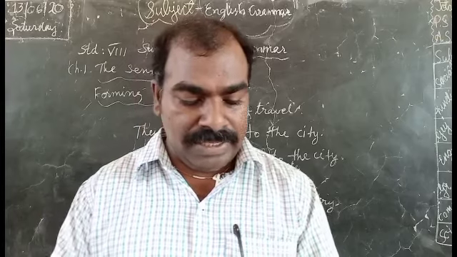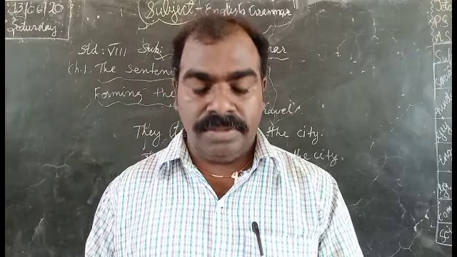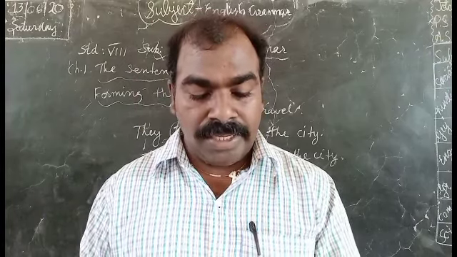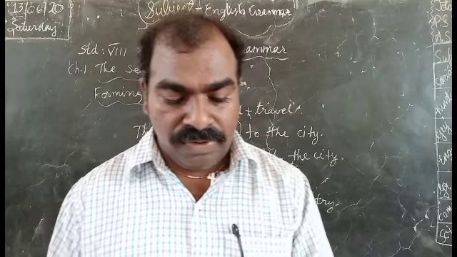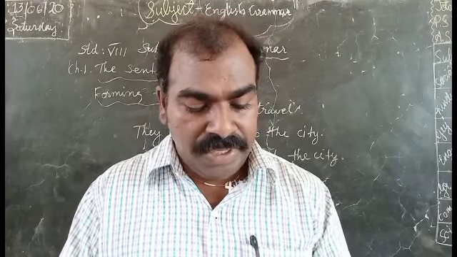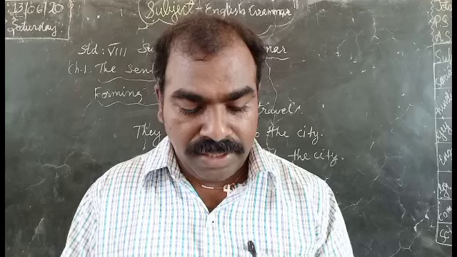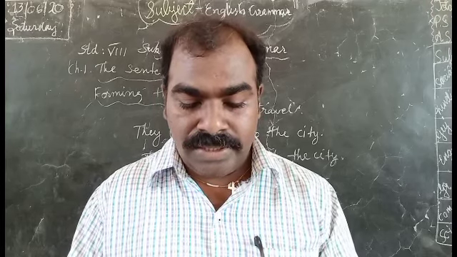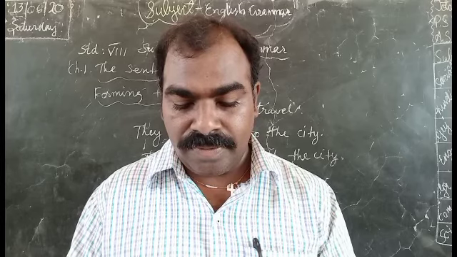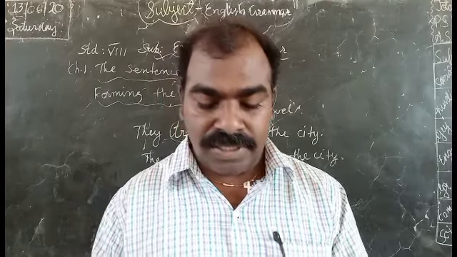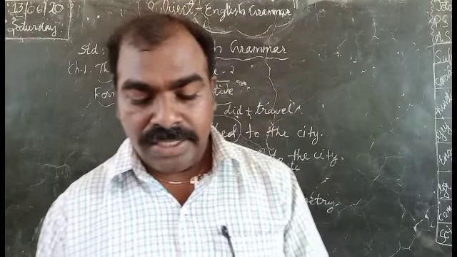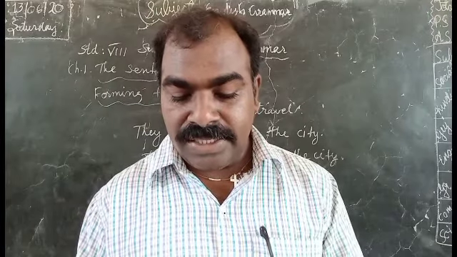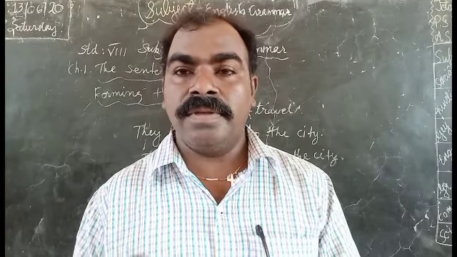In exclamatory sentences, how to change into negative? Negative question forms are used but with an exclamation mark instead of a question mark. It's a lovely day. It's an exclamatory sentence. How to make it negative? Isn't it a lovely day!